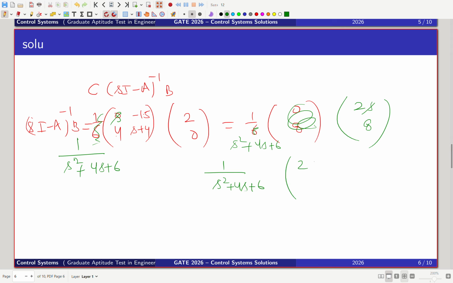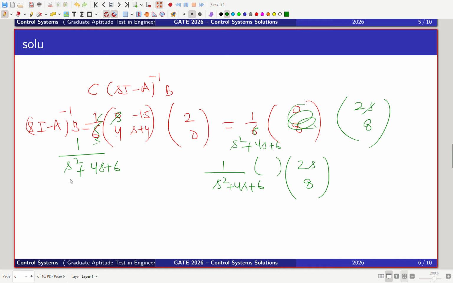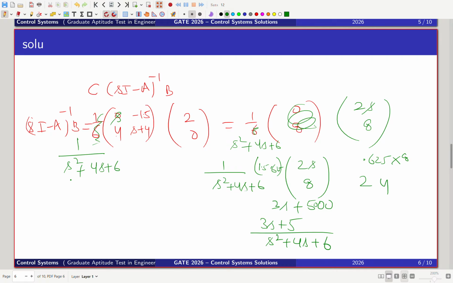Now we have to take care here. C is [1.5, 0.625]. Multiplying, we get 1.5 times 2s, which is 3s, plus 0.625 times 8, which is 5. So the transfer function is (3s plus 5) by (s square plus 4s plus 6).